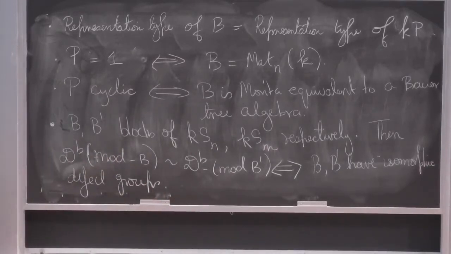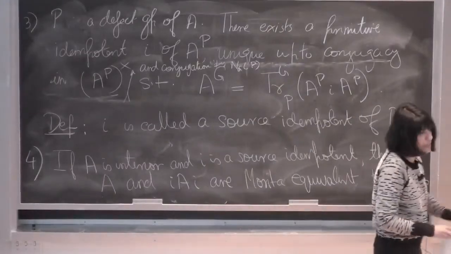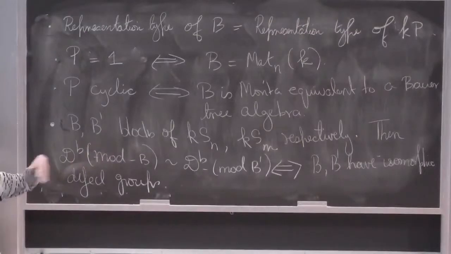This is a result of Chuang and Rouquier from maybe 15 years ago now. I like to always put this up just to illustrate how much the nature of this P is influencing the representation theory.